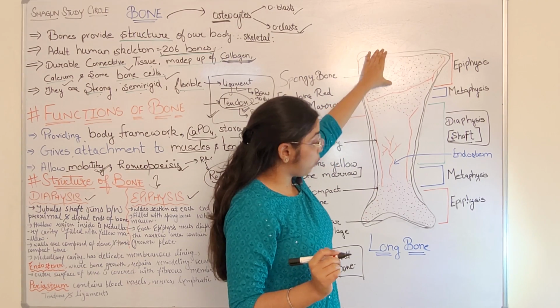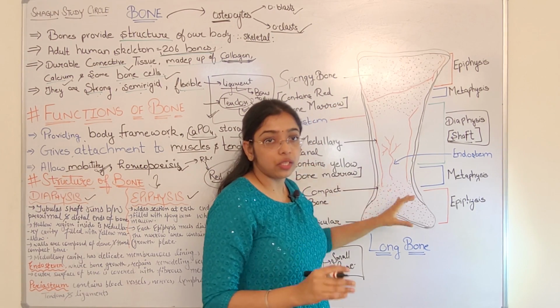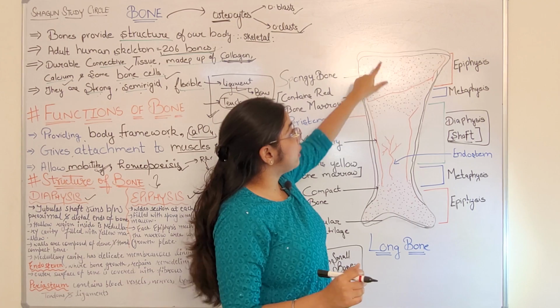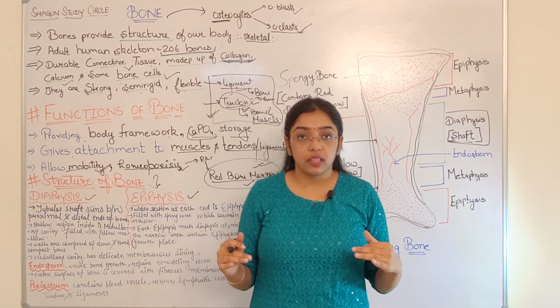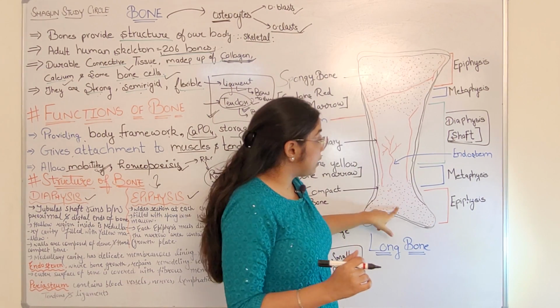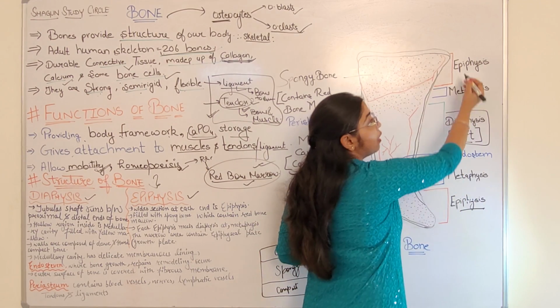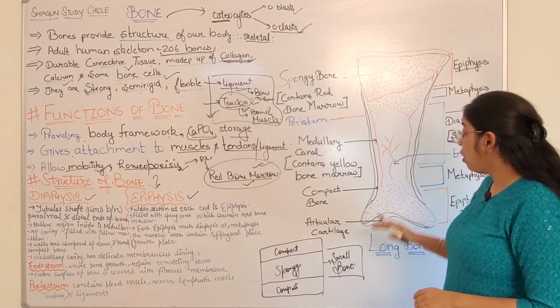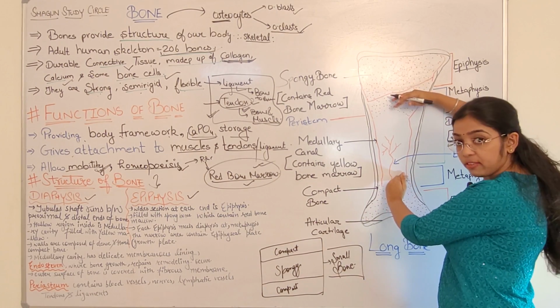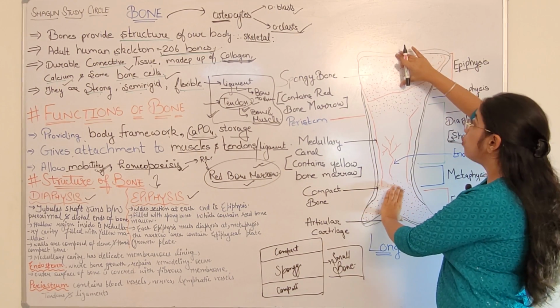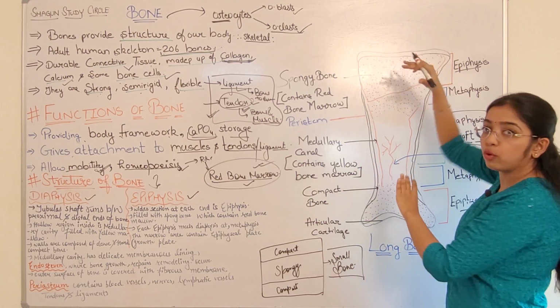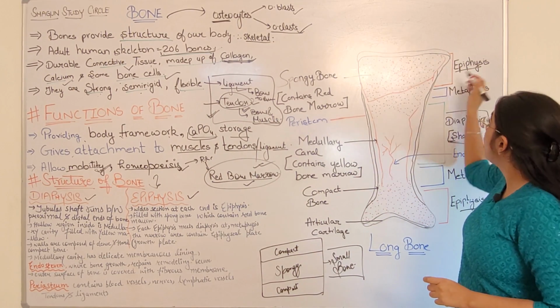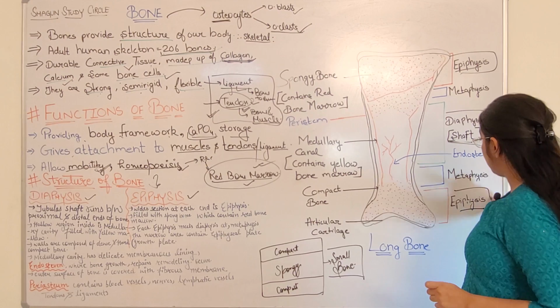Whereas the upper portion and the lower portion, the both ends, as you can see, are wider in nature. So these wider ends are called epiphysis. I guess it's clear by now that this portion is diaphysis. These both portions which form the wider ends of this shaft are called epiphysis.